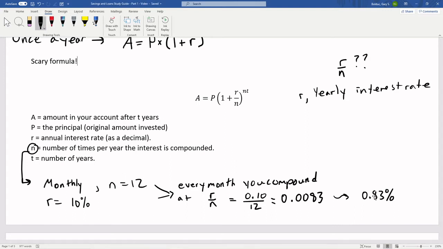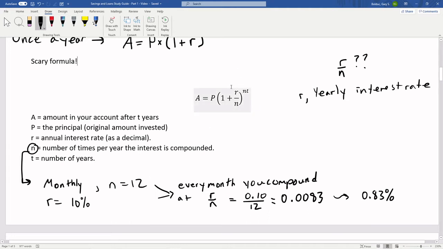It's a little bit weird that they do it that way and don't just tell you what your monthly interest rate would be. Lots of things you could think about on why that's the case, but we can see this and know how it works now. So the annual rate is a helpful number, but it's not what actually happens in the formula if you compound more than once a year.